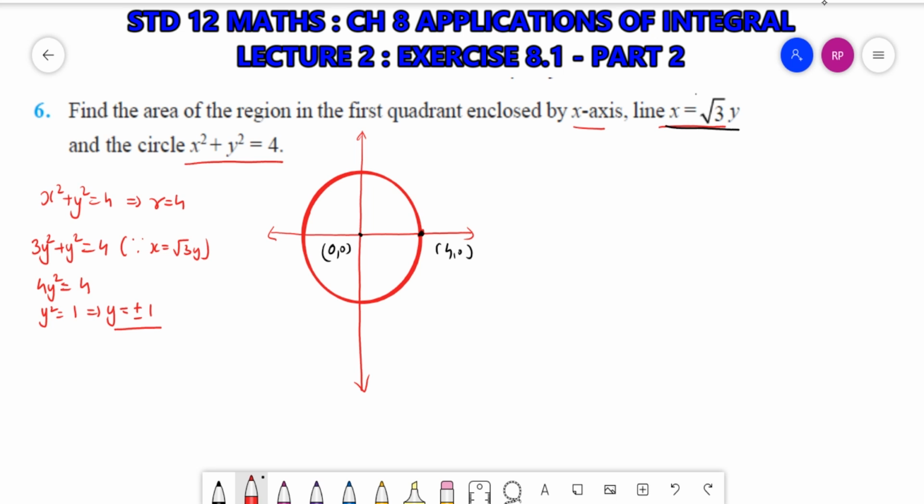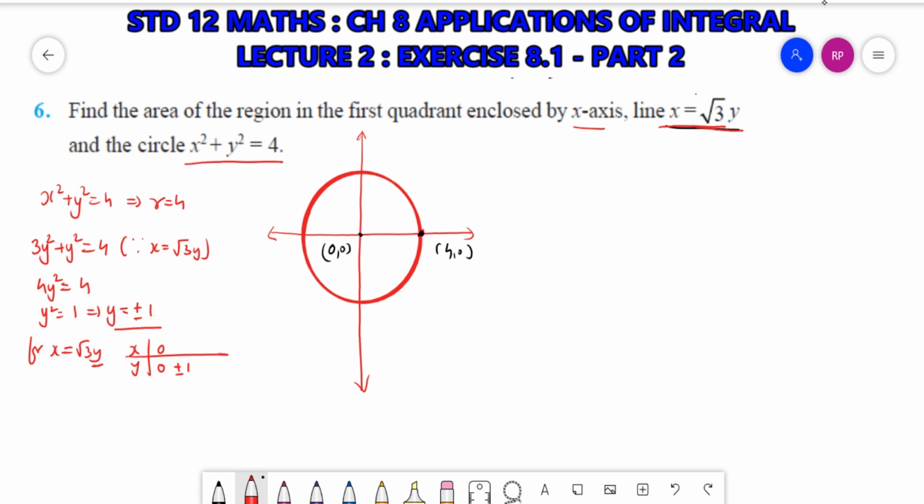Now in the equation x equal to root 3 y, if I take x as 0, I will get y as 0. And the other point is y equal to plus minus 1. If I put y as plus minus 1, then x we will get plus minus root 3.